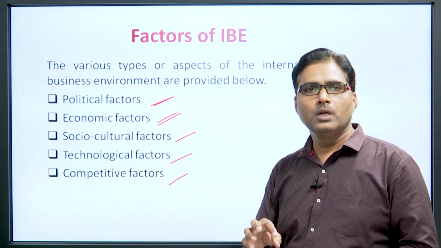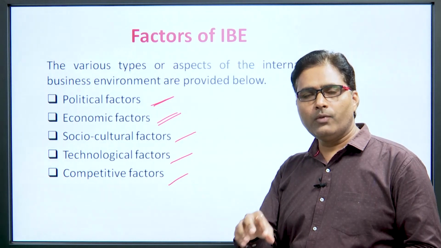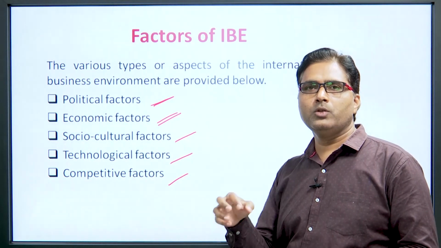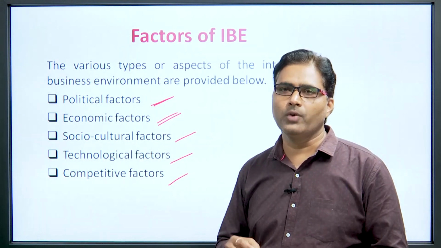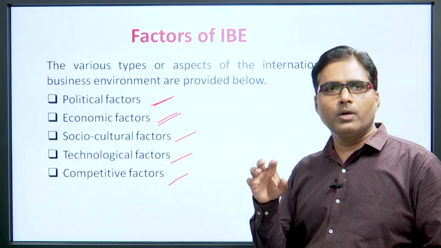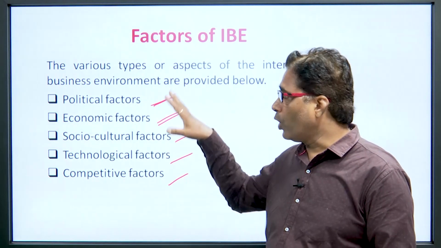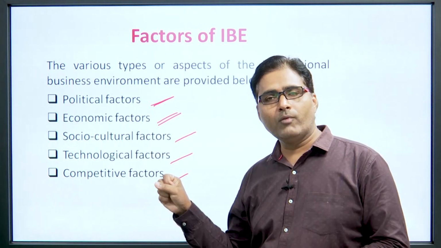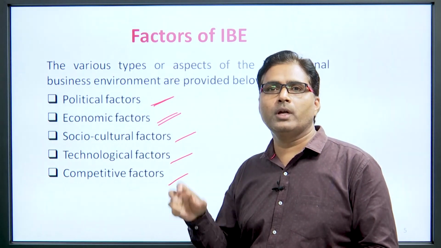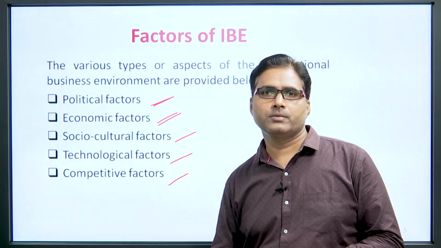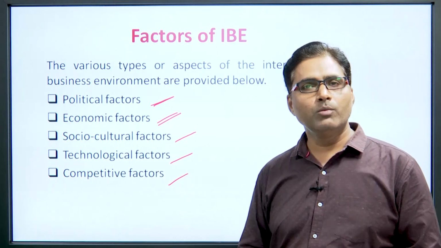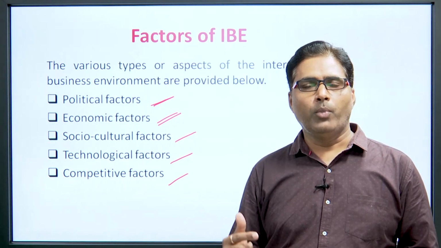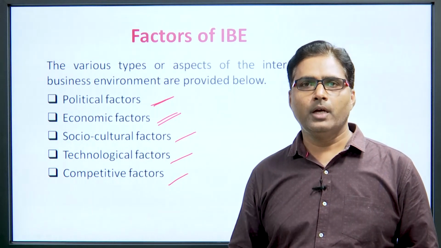What does it mean? It means that if you are going to learn the international business environment, then for sure you have to know all these factors. You have to get a better understanding of all these factors. Now, we will move to political factors, then economic, and so on.